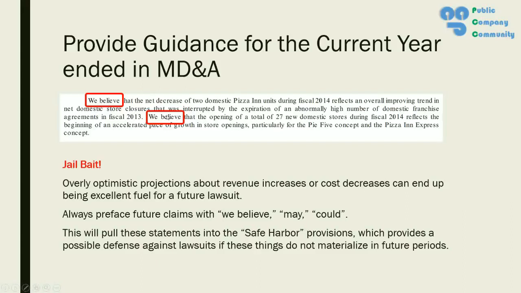So, we believe that the net decrease of 2 domestic pizza units during 2014 reflects an overall improving trend in net domestic store closures that was interrupted by the expiration of abnormally high domestic franchise agreements in fiscal 2013. Right? So they're saying that things are going to get better in the future because we closed those units, and we believe that the opening of 27 new stores in 2014 reflects the beginning of a new trend, right?